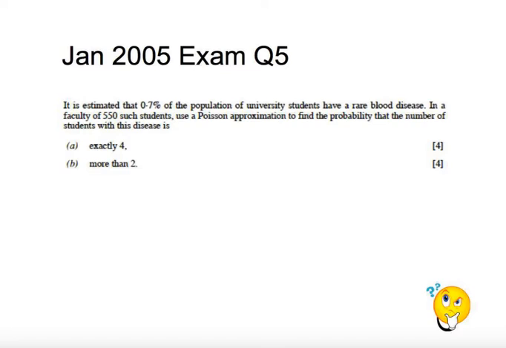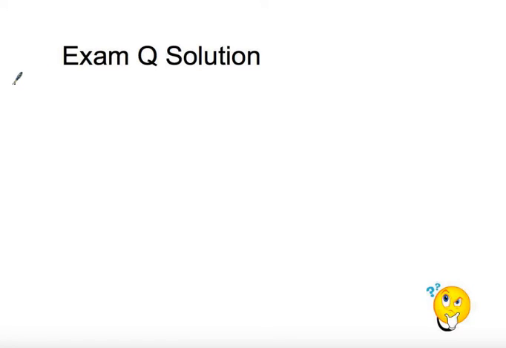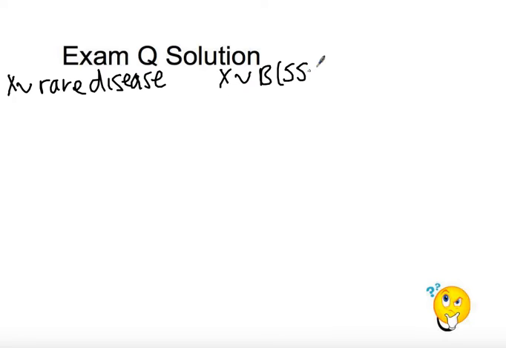Okay, so let's have a look at the solution. We're going to say X is the number of students with the rare disease. Now, this is distributed binomially. The number of students is 550 and the probability is 0.007.